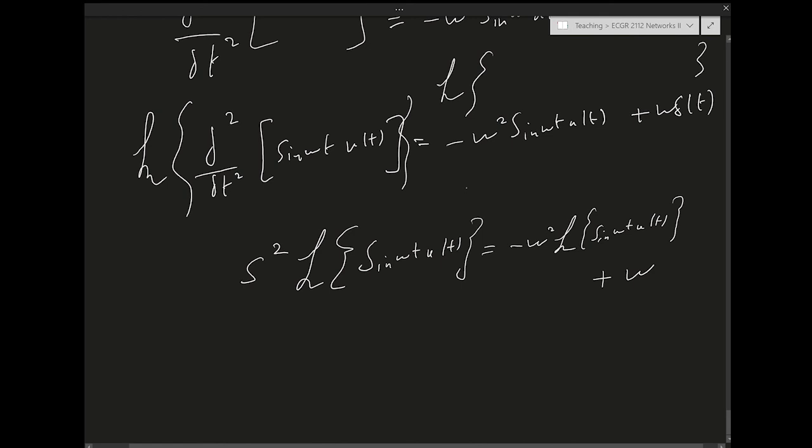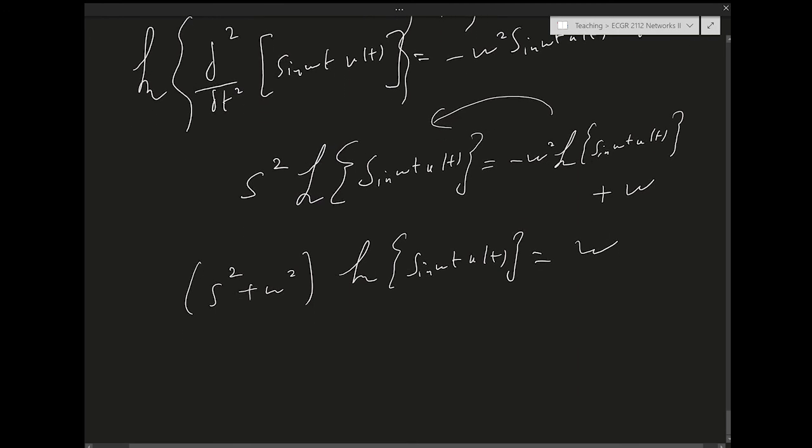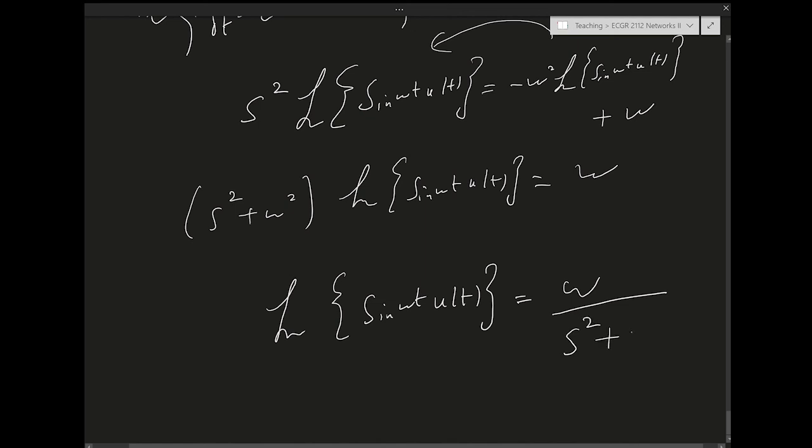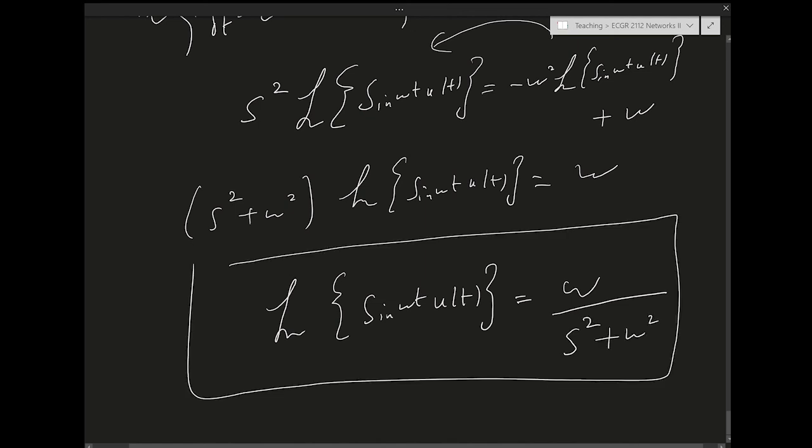I can take this to the other side. I end up with s squared plus omega squared times the Laplace transform of sine omega t u of t equals omega. So the Laplace transform of sine omega t u of t equals omega over s squared plus omega squared. We got the exact same result, and we should get the exact same result.